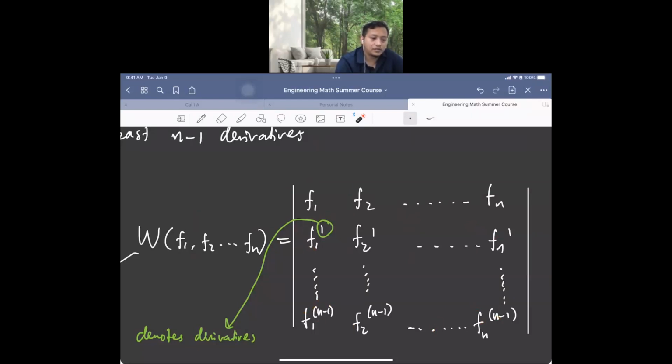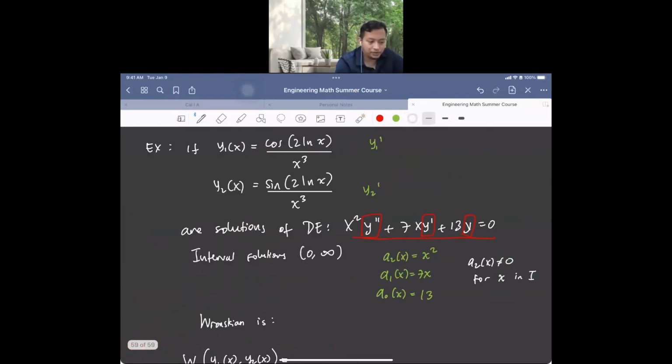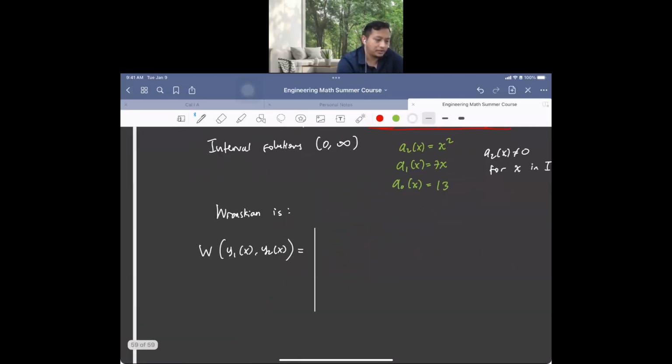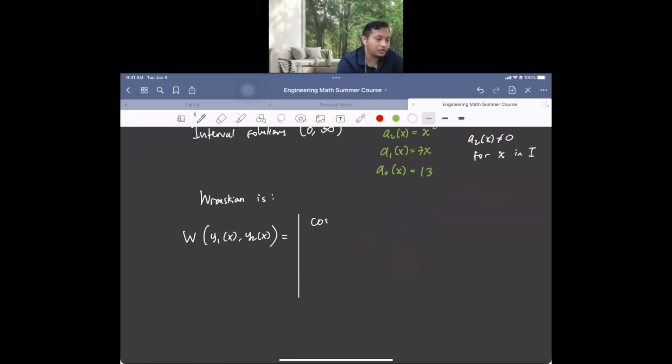So if you have more than two solutions, it goes to the right, and if you have more than the highest order, you go to the bottom, right? And now we have the y1, let me just write first, and see whether it's easy or not to solve this.